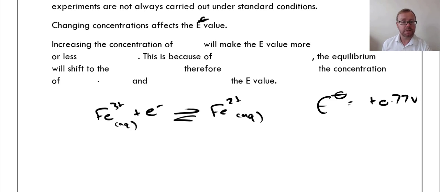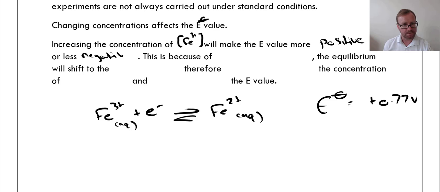Increasing the concentration of Fe3 plus will make the E value more positive in this example, or less negative depending on what the example is.